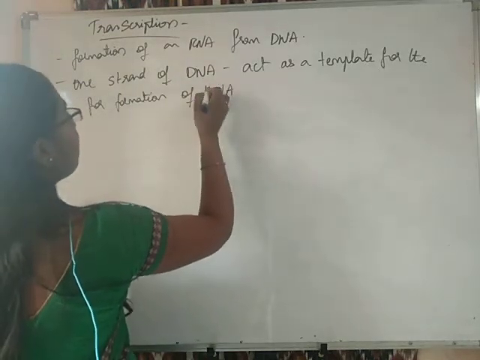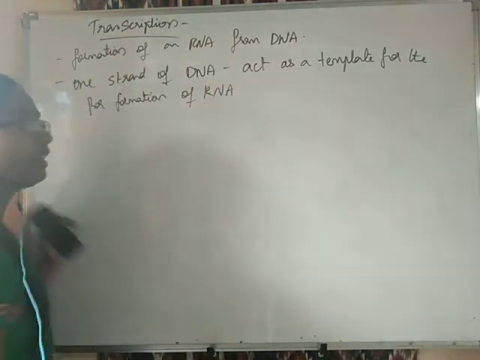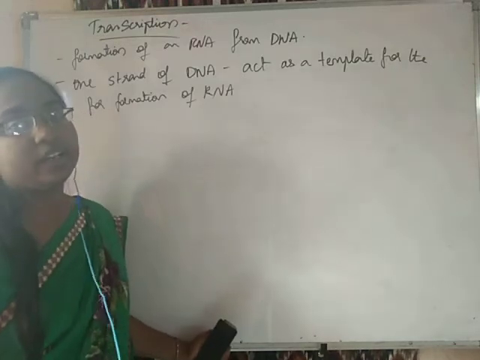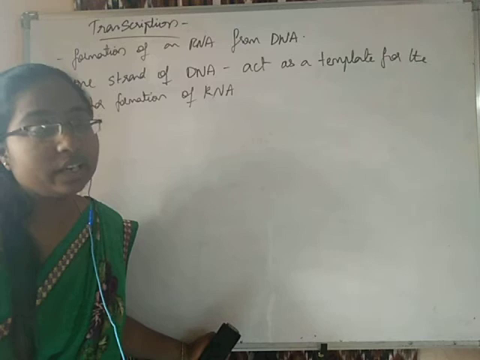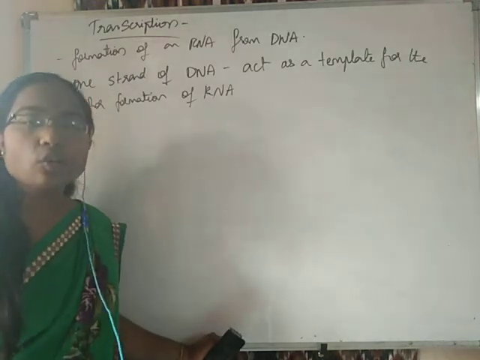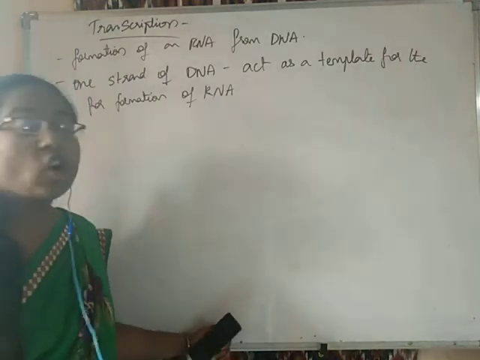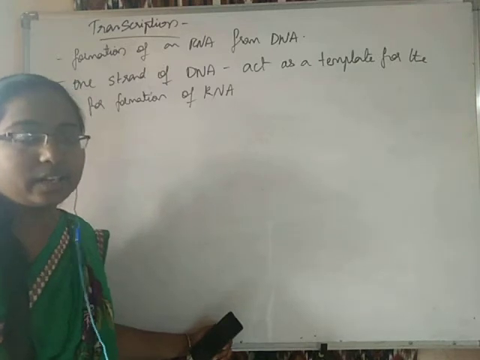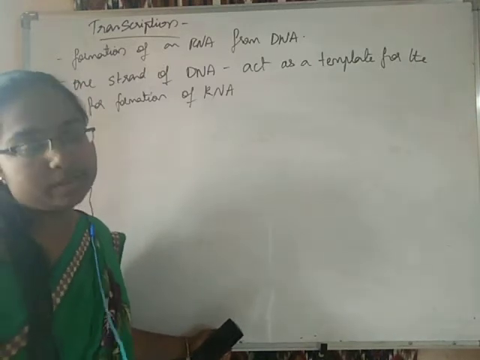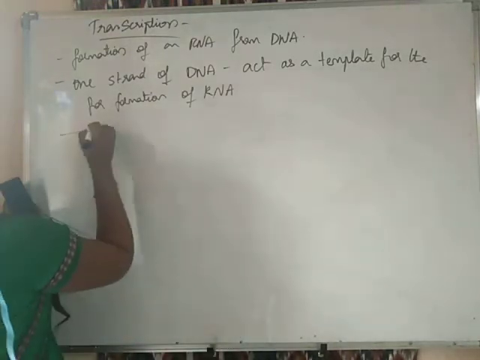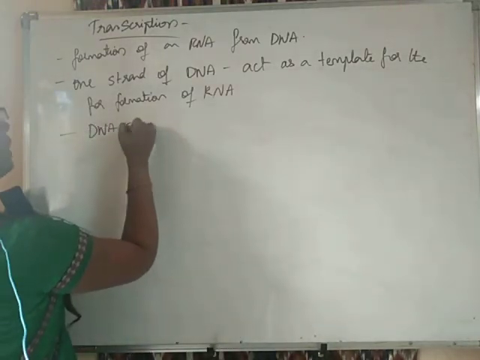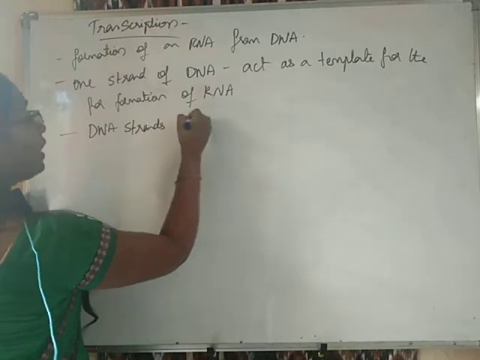Okay, why are both the strands not acting as templates? See, if both the strands are acting as templates, in DNA we see that there is complementary base pairing, the same nucleotides are not present. There is complementarity between the DNA strands, right?